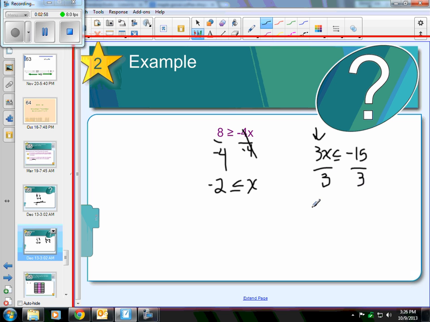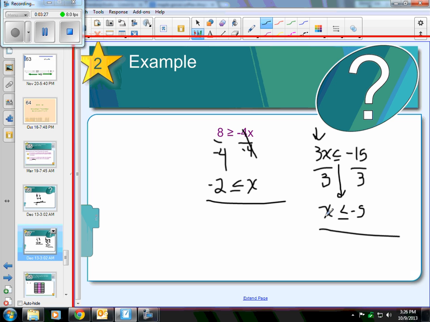We're dividing by a positive number, so our equation is going to be x. -15 divided by 3 is -5. And in this case, we do not switch the symbol, so we can just carry down that less than or equal to sign. Then you will just graph these the way you normally would on a number line, with the open or closed circle. In this case, they would both be closed circles.